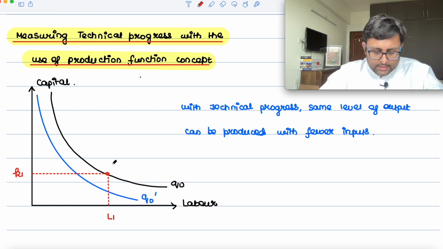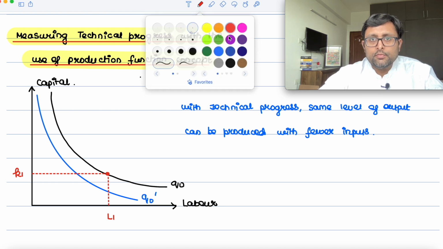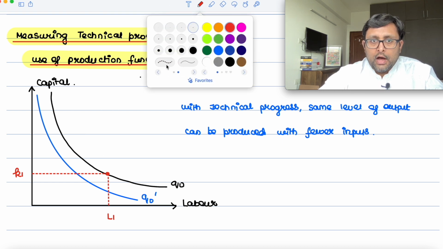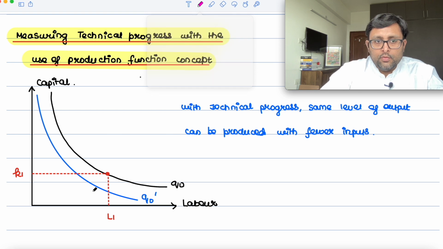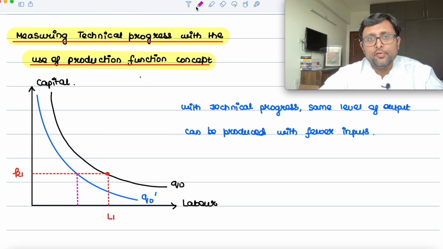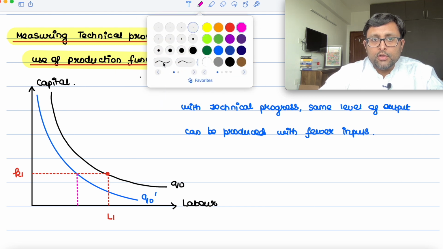Now, if you want to produce the same level of output after the technical progress, with the same amount of capital, you might require lesser amount of labor also.